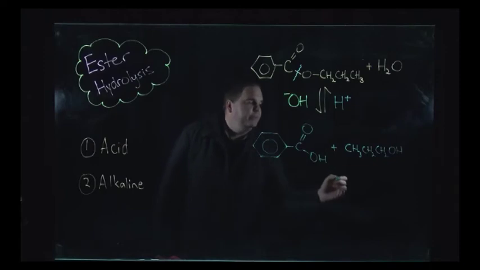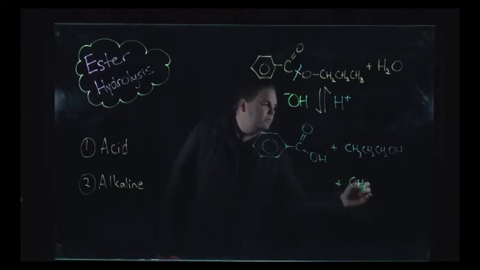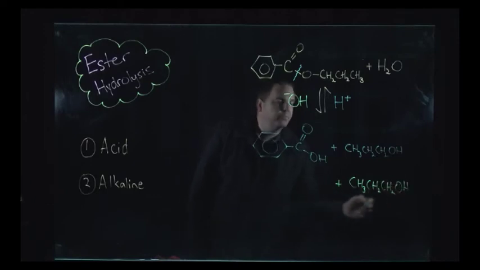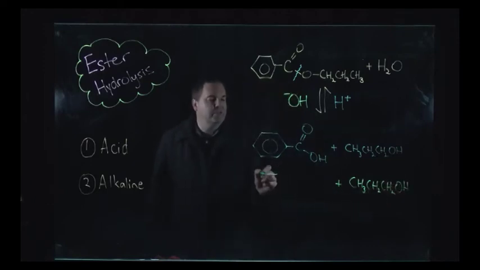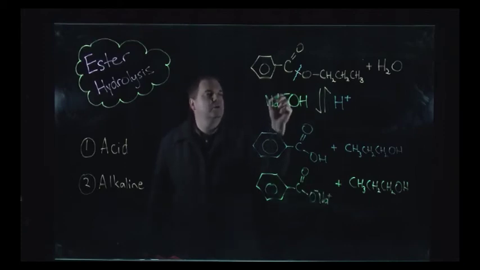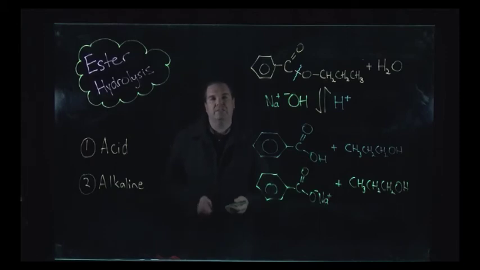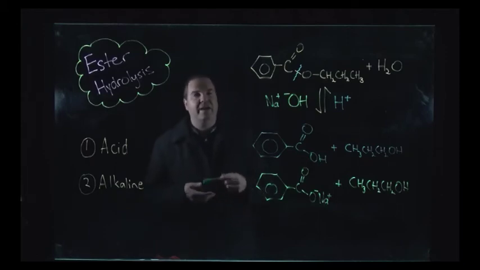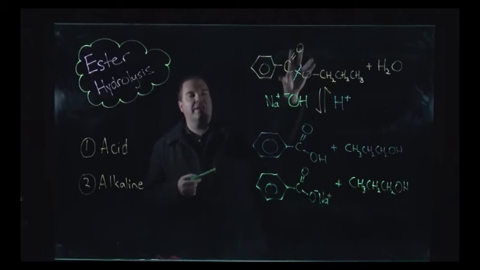What we still get is our alcohol. Doesn't change at all, we still get our alcohol exactly as normal. But what it does do is straight away gives us the carboxylate salt here. So if we were using sodium hydroxide here, we get the sodium carboxylate salt of our acid.